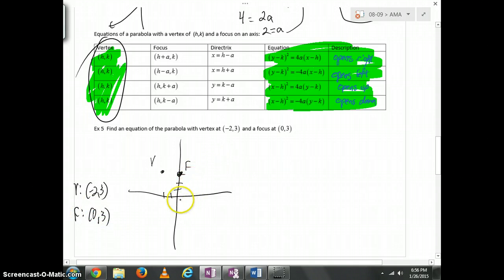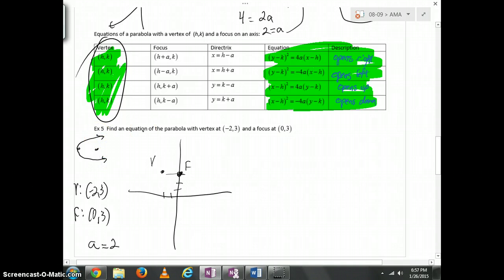We can really quickly count how far our vertex is from the focus. You can see that we'd move 2 steps to the right from the vertex to the focus, meaning that our a would equal 2. Furthermore, what you need to realize is that when you have a vertex and a focus to the right of it, that means that the parabola opens towards the right.